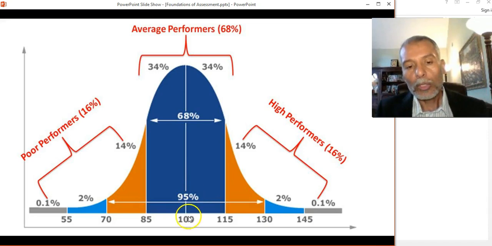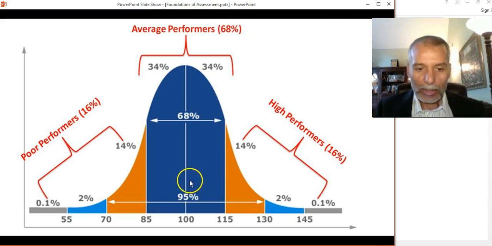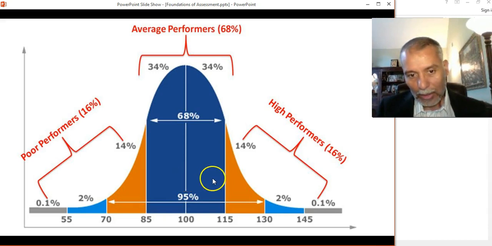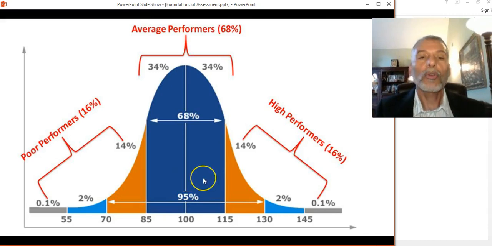So between this line, the mean, and 115, from here to here is called one standard deviation. This side is called high average, or the higher average range.